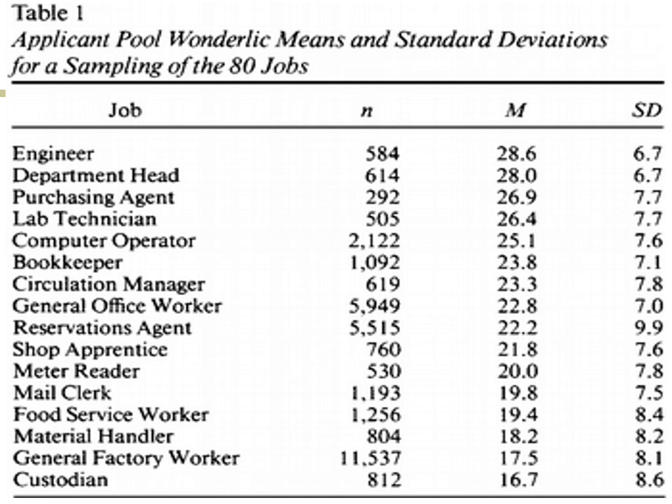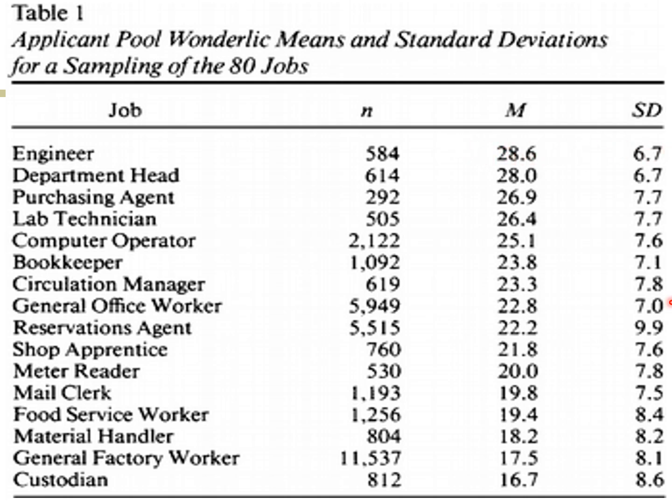Here's another example. If we think about the employment selection context, the Wonderlic is a very popular general mental ability, cognitive ability test that you can administer usually in less than 15 minutes. And then we can see for different job types, we want to incorporate both the mean and the standard deviation.